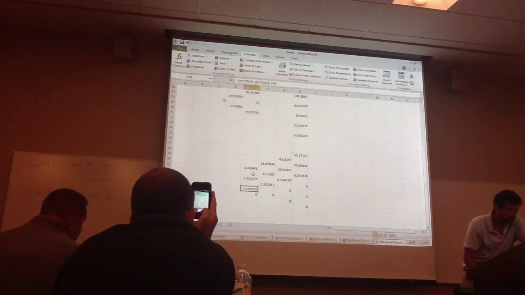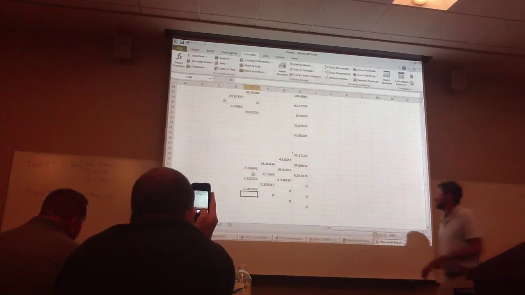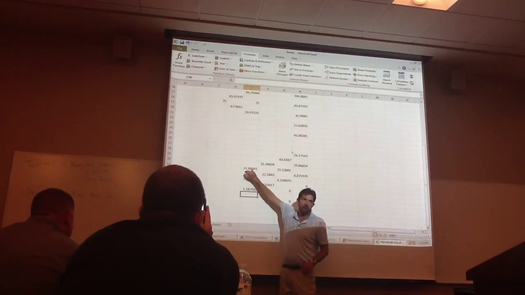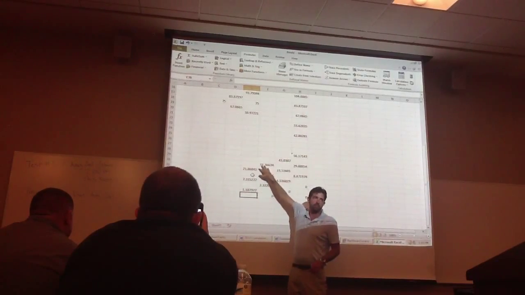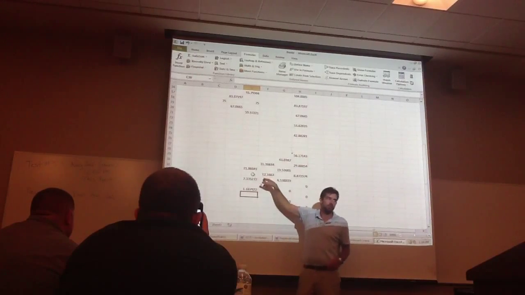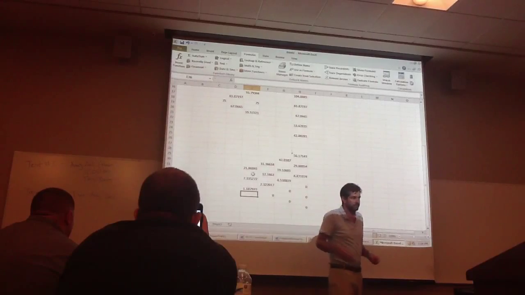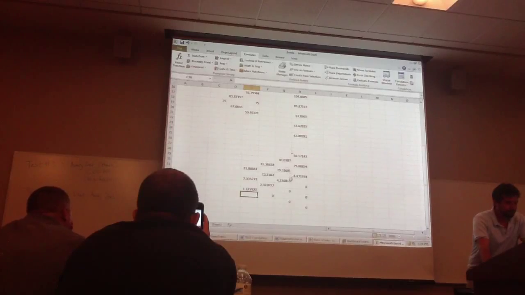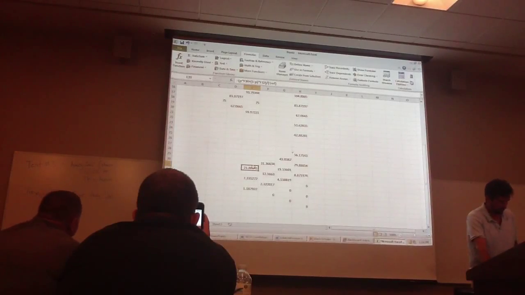And what you should see is that this number here, by construction, is the present value of the weighted average of these two numbers. So if you're not getting a number that's basically a little bit less than right in between these two, something's askew.